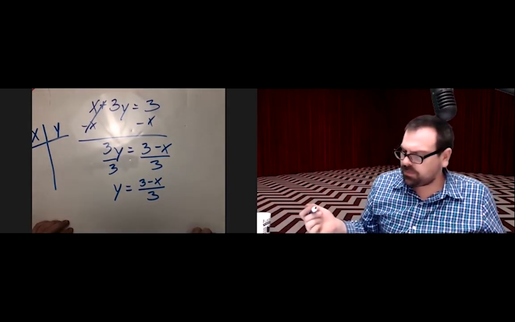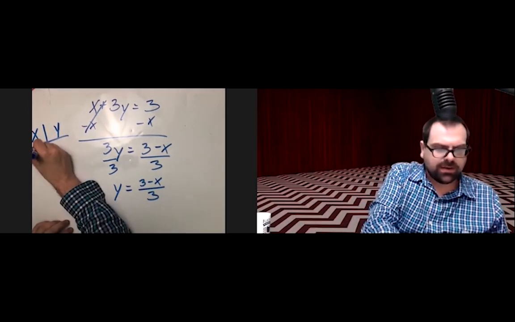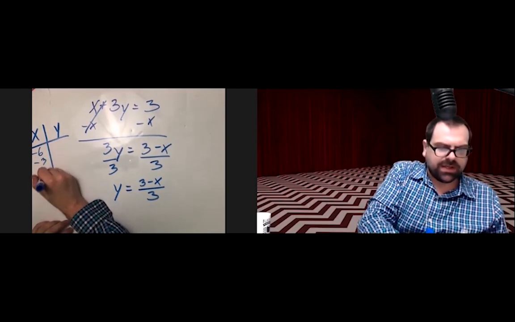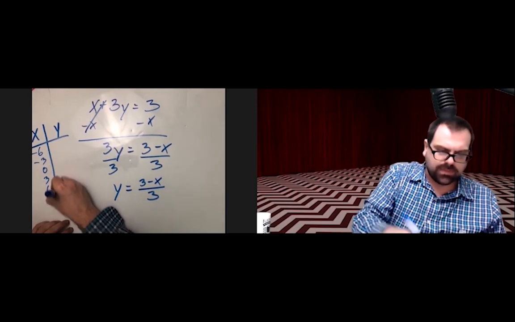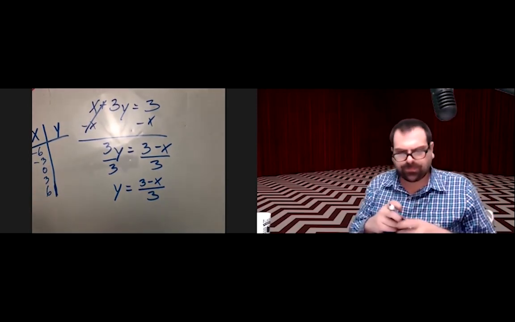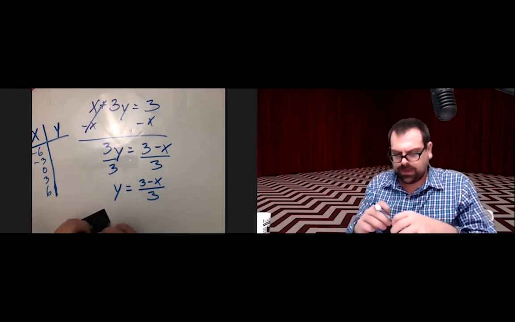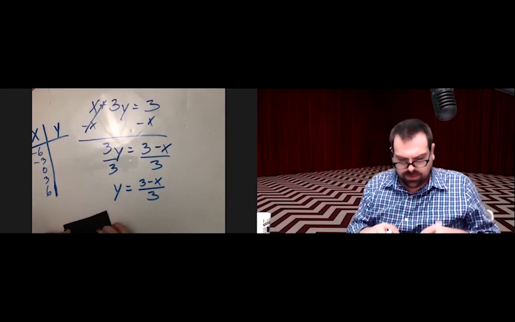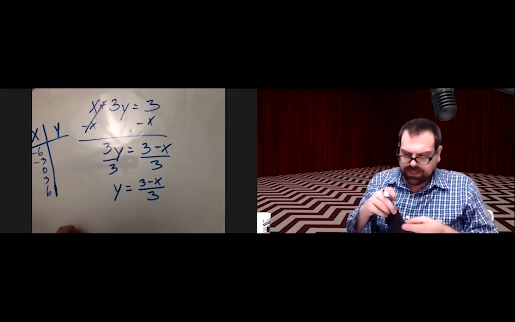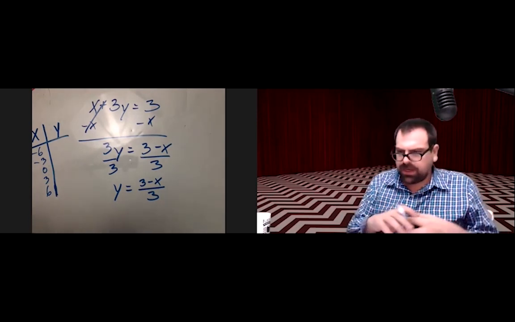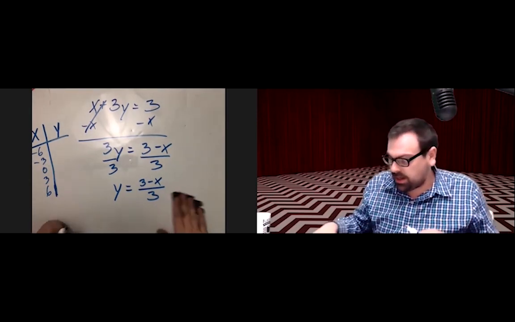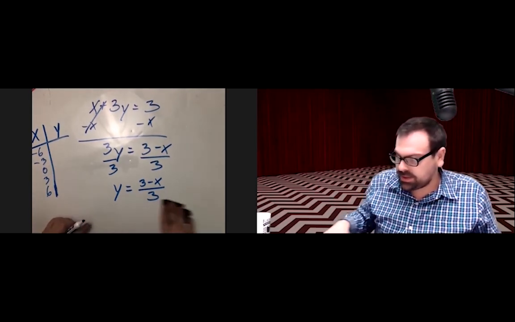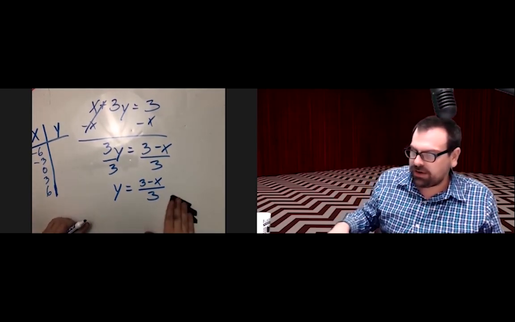So I'll pick some multiples of 3. -6, -3, 0, 3, and 6. These should work. And this is just me thinking it through. You can just pick a bunch of things if you want until you have 2 that did work, that were graphable.